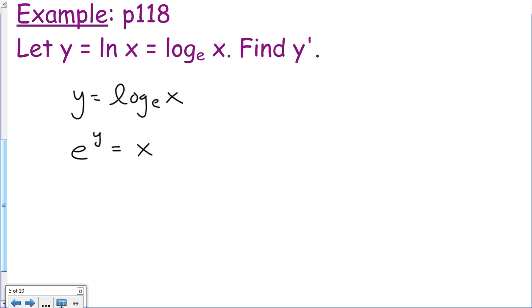And now what I want to do with this is I want to take the derivative of both sides. I want to find out what the derivative with respect to x of both sides of this equation is. Now, to do that, we use what's called implicit differentiation.